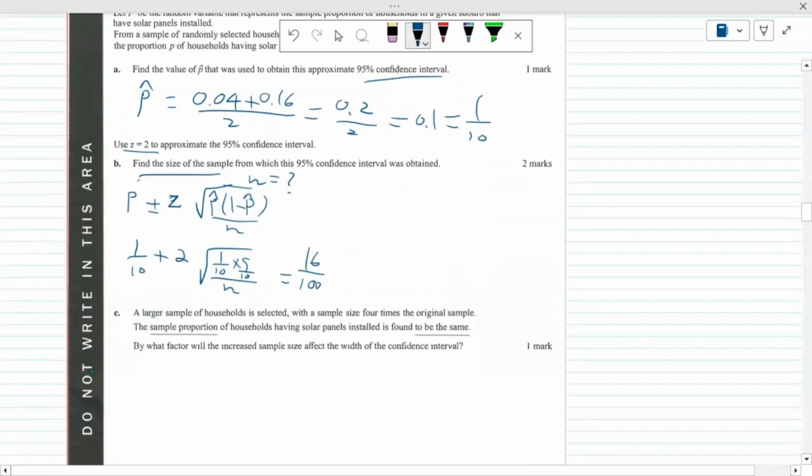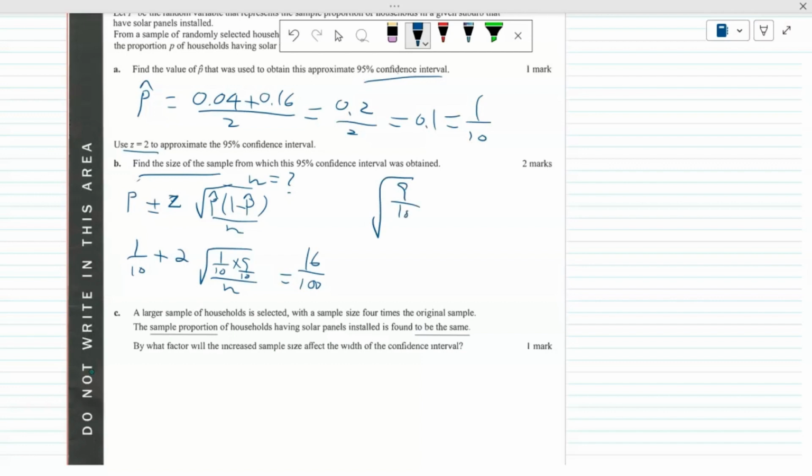So if you take this on the other side, that gives us 6 over 100 divided by 2. So that gives us the square root of 9 over 100 over n. The whole lot equals 6 over 200. So square both sides, so that gives me 36. So that gives us 9 over 100 n equals 36 over 40,000.